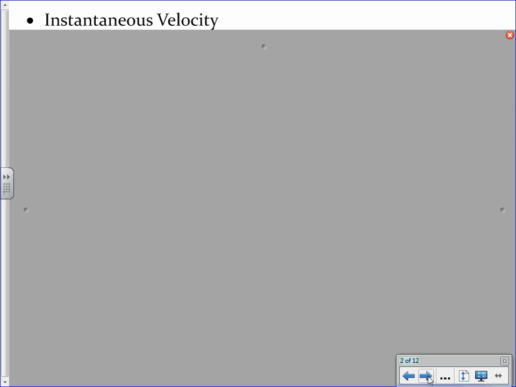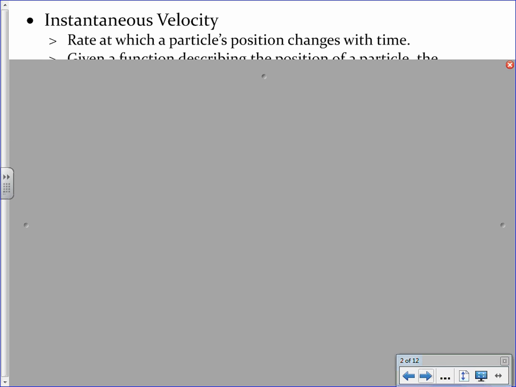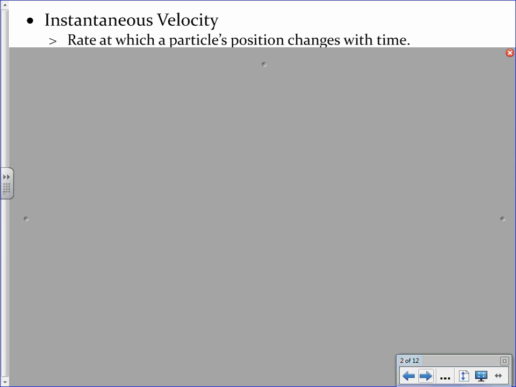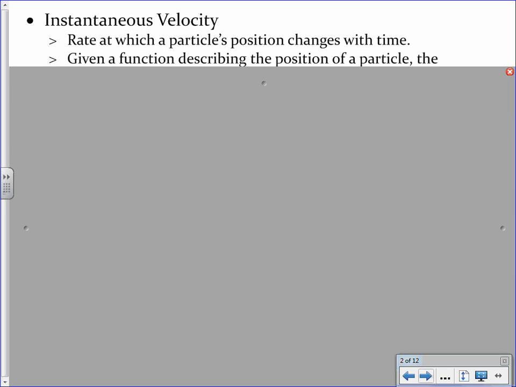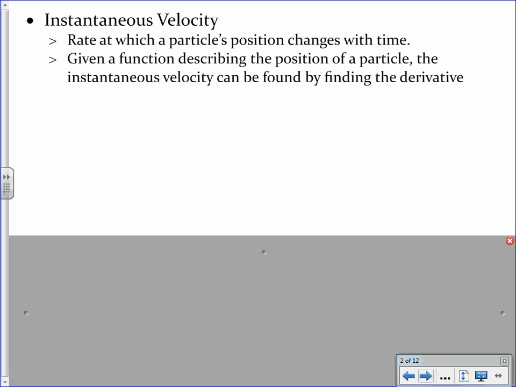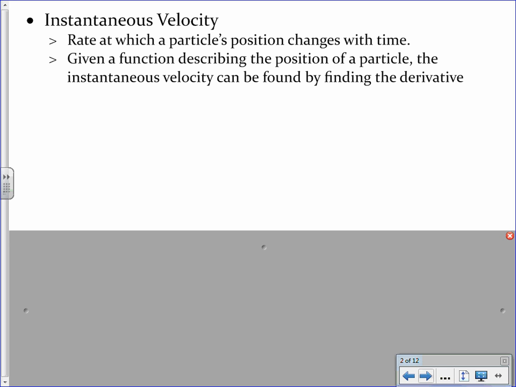Instantaneous velocity. Instantaneous. We've seen that word. Derivatives. The instantaneous velocity is the rate at which a particle's position changes with respect to time. What does that sound like? A derivative. So, given a position, if we find the rate of change of position over time, we're talking about the derivative.